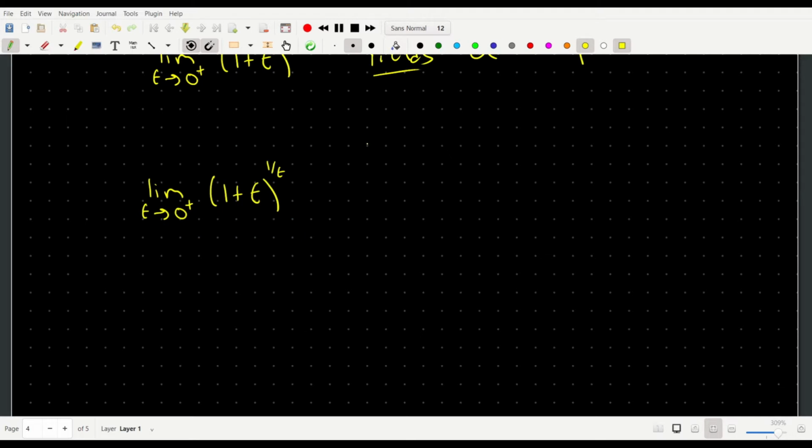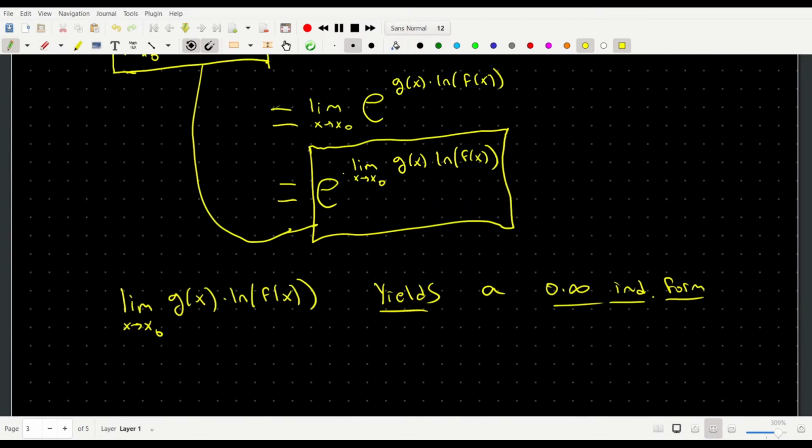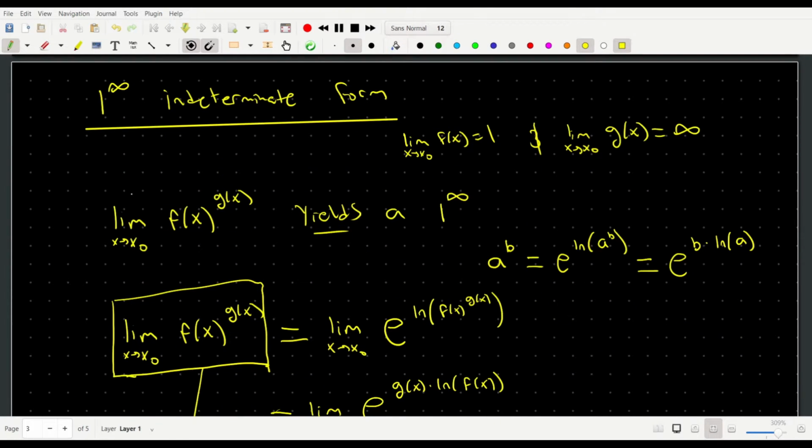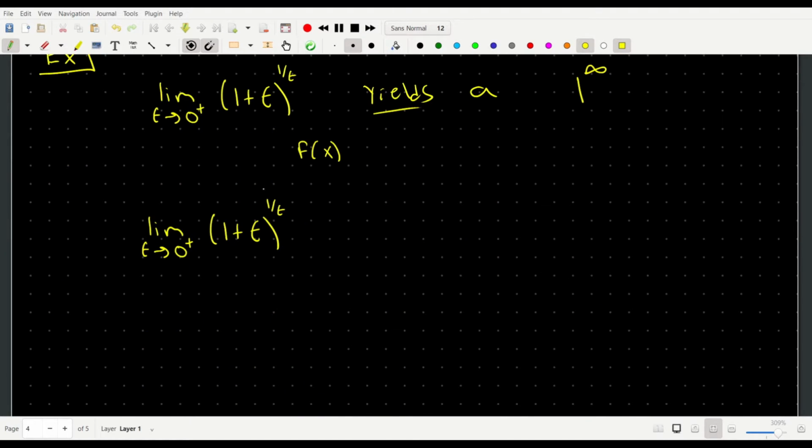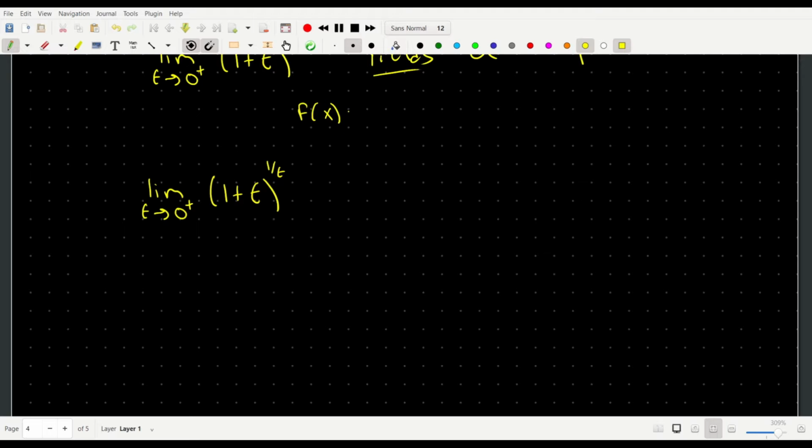So remember, just connecting it to the theory a little bit, the f of x, or the base function here, is the function that's going to 1, and the exponent, g of x, is the one that's going to infinity. So in this example, our f of x is the function 1 plus t, and our g of x is the function 1 over t.